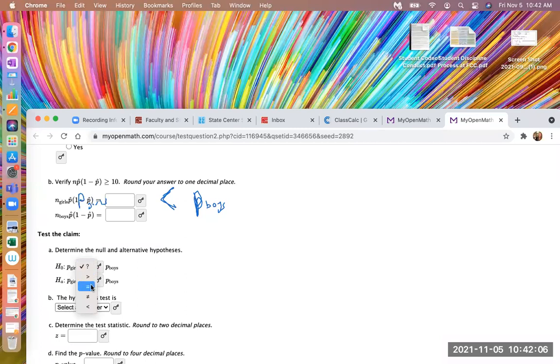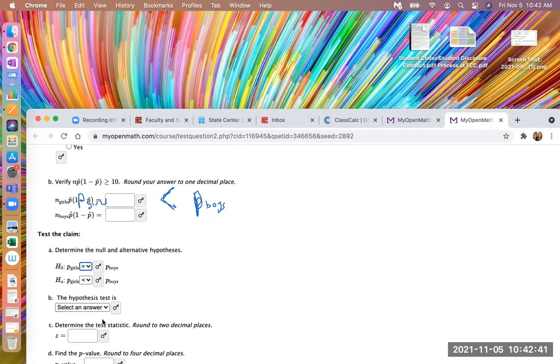Sometimes they will accept equals, or once in a while equals with the opposite inequality. But they don't even give us a less than or equal to symbol here, so it's got to be equals in the null hypothesis.